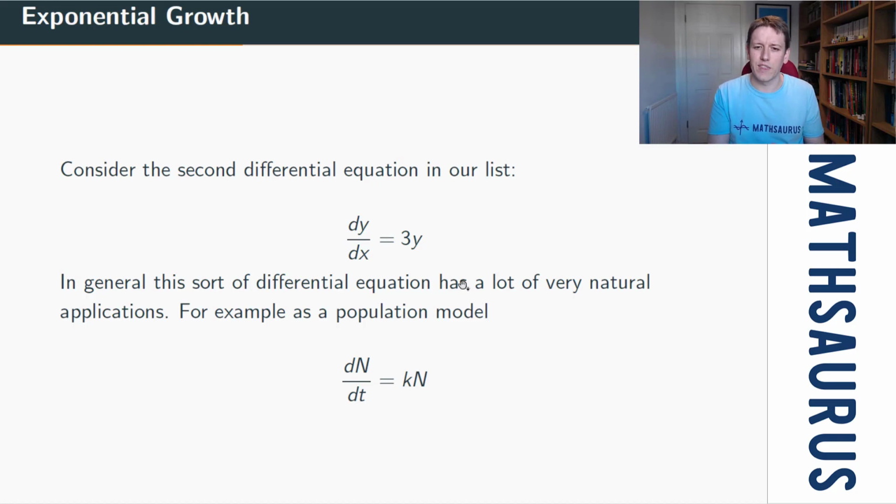For example, if we think about the variables as n and t, so maybe n is the number of people or animals in a population, and t is the time, what this says is the rate of change of the population with respect to time is proportional to the current size of the population n. So as n gets larger, so does the gradient dn by dt, and this makes a lot of sense. For example, for modelling the outbreak of a disease, the more people that currently have the disease, the more new infections there will be. So as there are more people with the disease, the rate of increase also goes up proportionally.